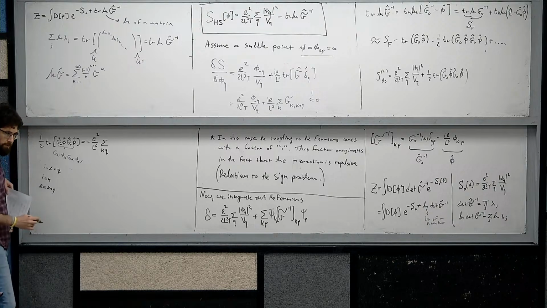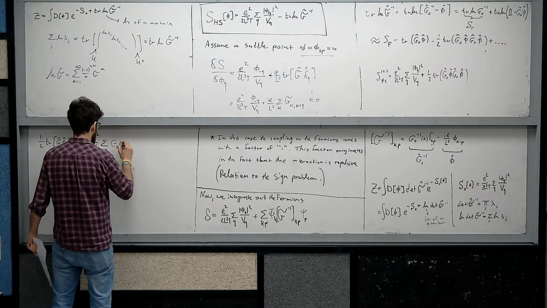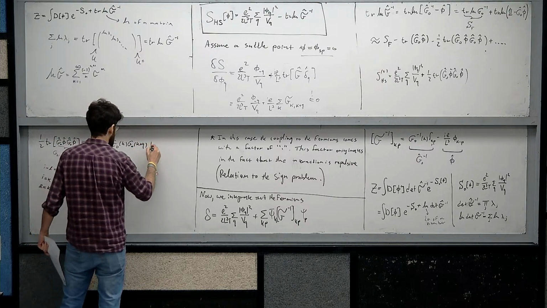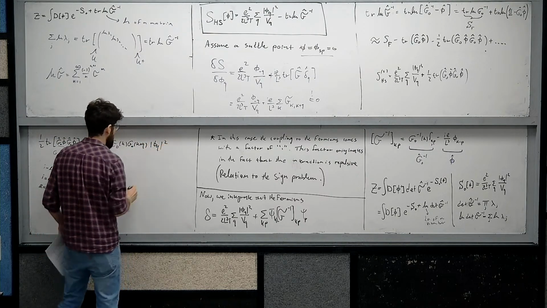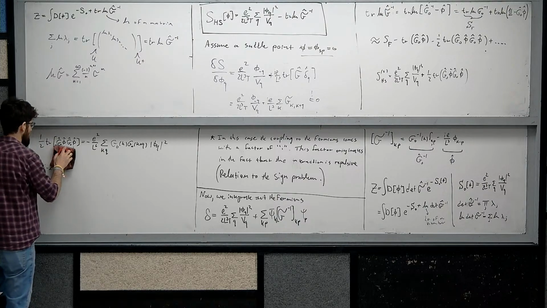So all this is to say that what I have here is G naught of k, G naught of k plus q times phi of q squared.